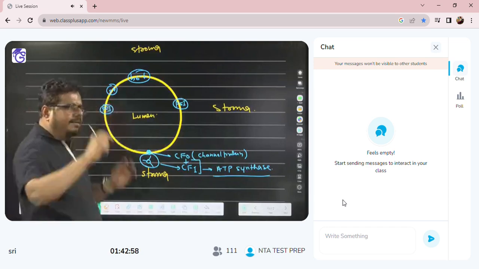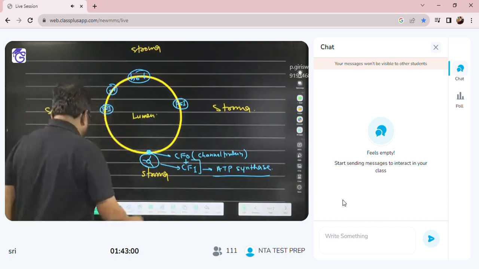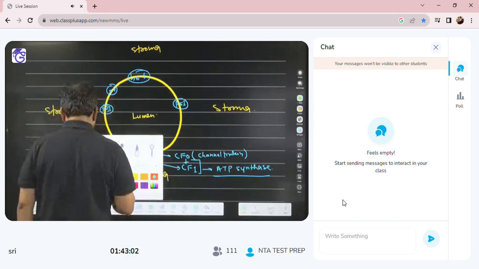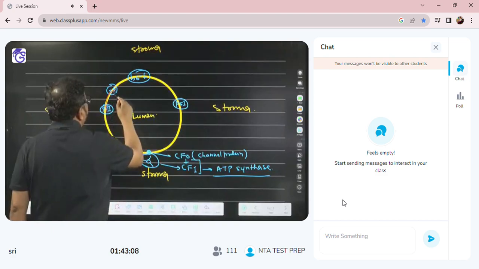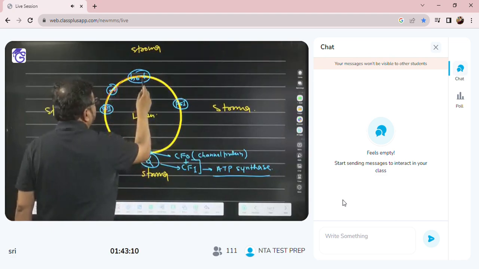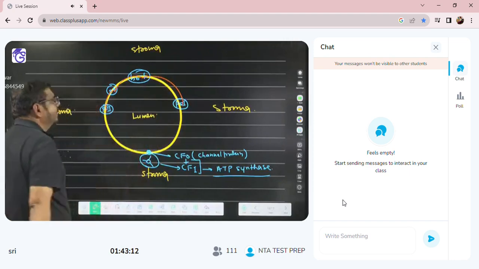Now look what happened. Light reaction started. So when the light reaction started, electrons move from PS2 to PQ via B6F and finally to PS1.